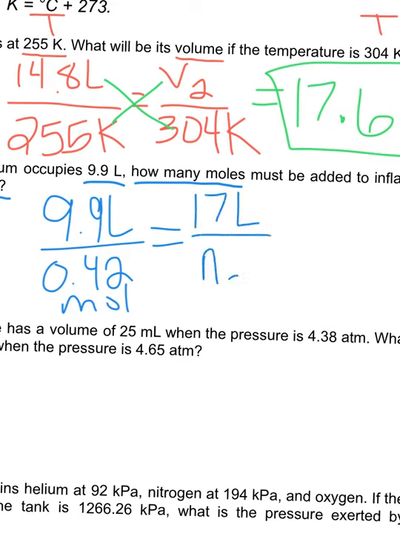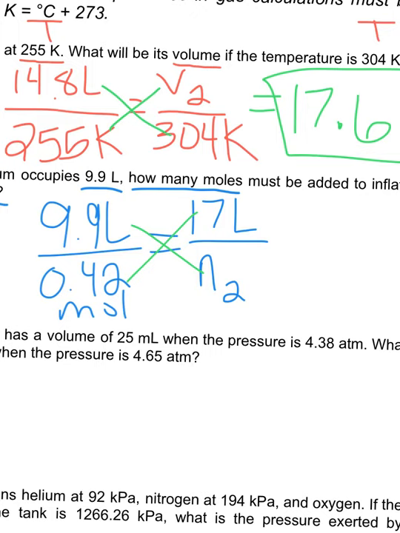And then we're solving for N2. And again, we're cross multiplying. 0.42 times 17. And then the other number, that's what we divided by. We divided by the odd man out. 0.42 times 17 divided by 9.9.